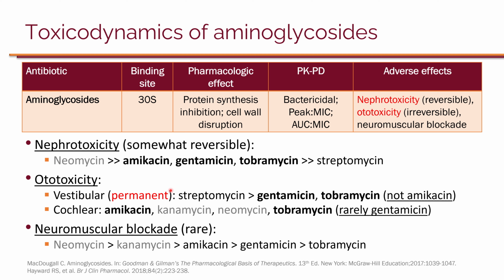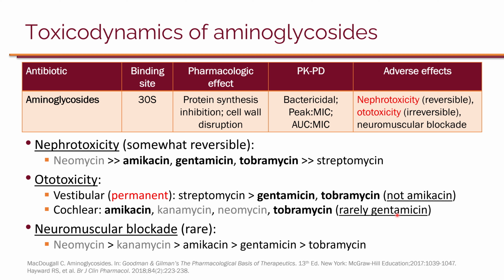Now, vestibular toxicity is more common with streptomycin than gentamicin and tobramycin, and it has not been reported with amikacin. So now cochlear toxicity is what leads to tinnitus and hearing loss, and amikacin does have this toxicity. So amikacin and tobramycin can lead to cochlear toxicity, but rarely gentamicin.